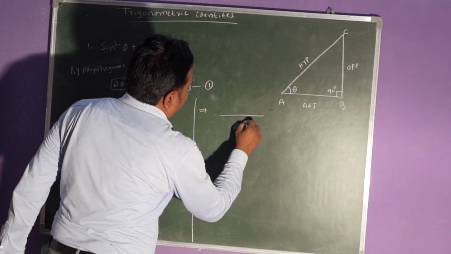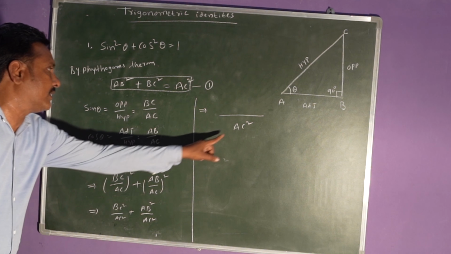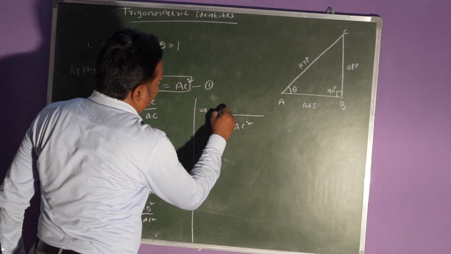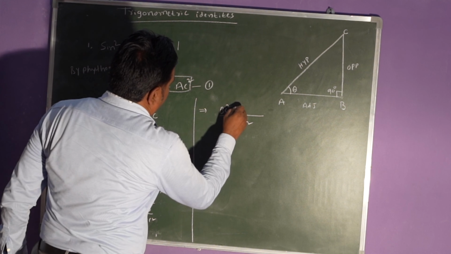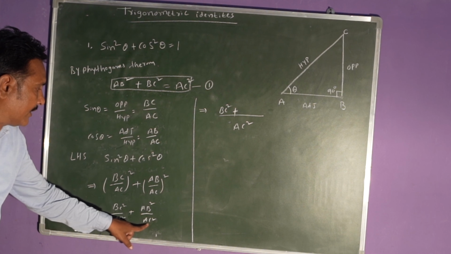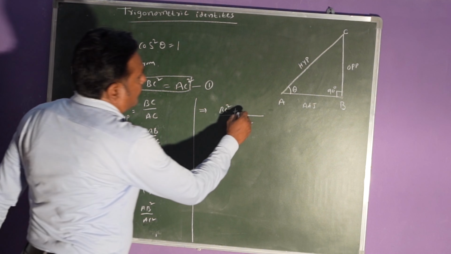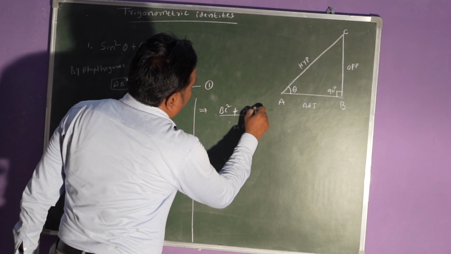Since AC square is the LCM, AC square into 1 is equal to AC square. That's why BC square at this place, and plus means plus, and AB square.